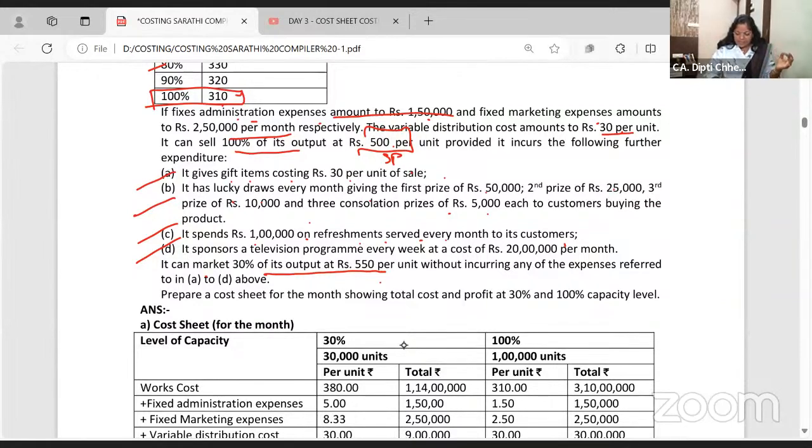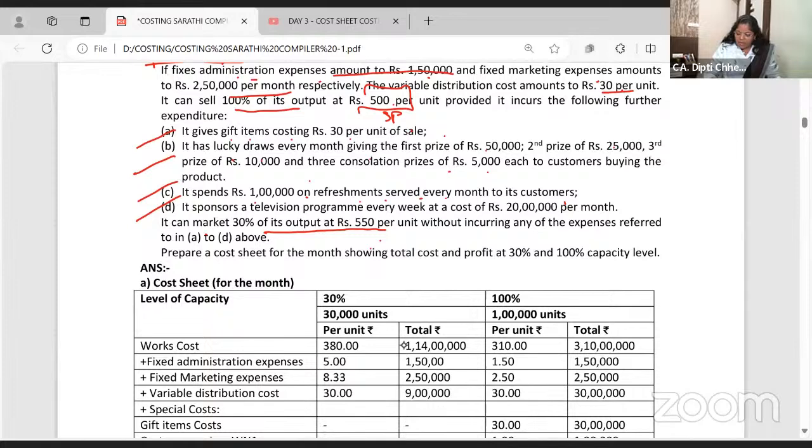If you sell at 30%, this is a study material's problem. And thanks to so many students, they brought it to my knowledge. Ma'am, बहुत easy है, लेकिन थोड़ा सा explanation देंगे, and I added it. Huh? Very good. Without incurring any of the expenses above.